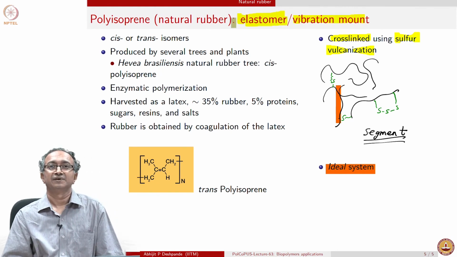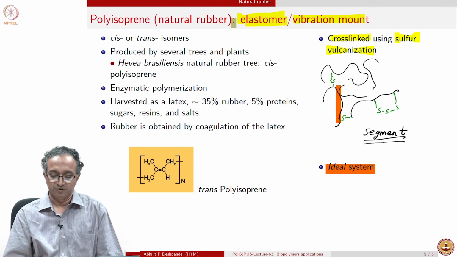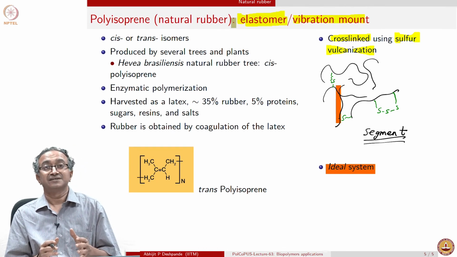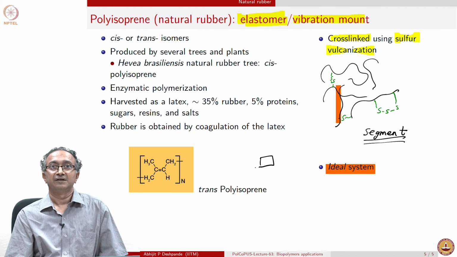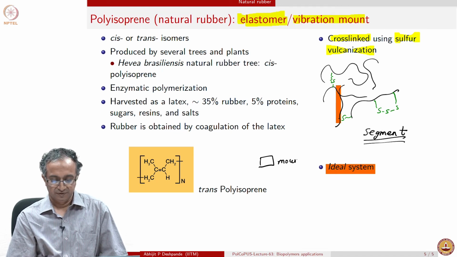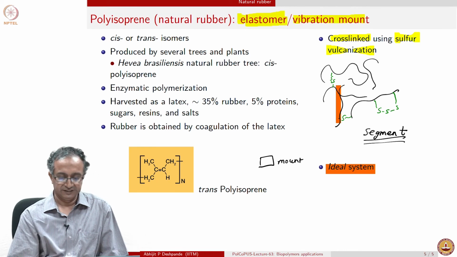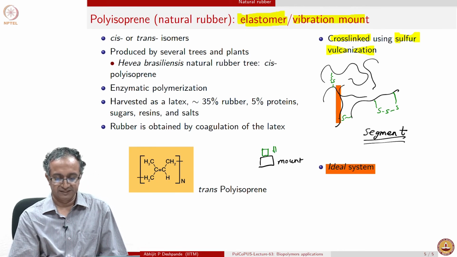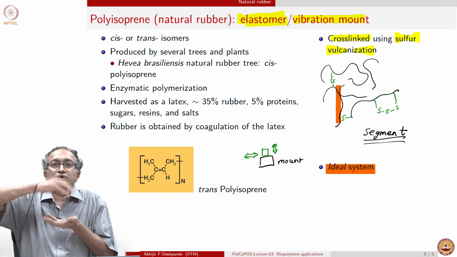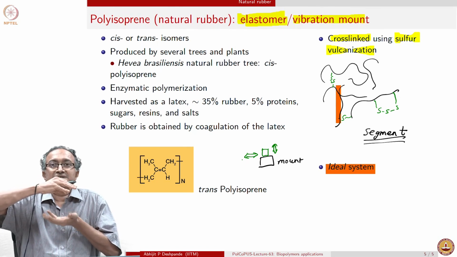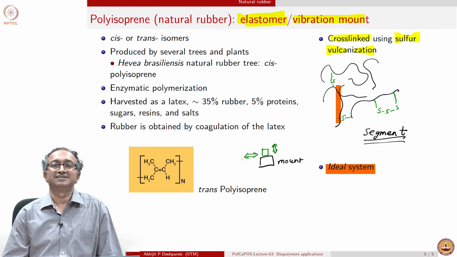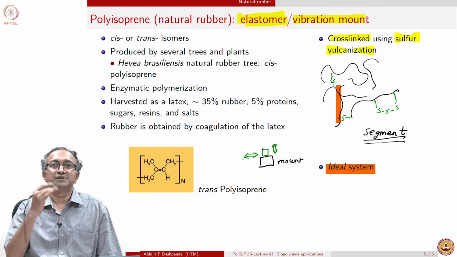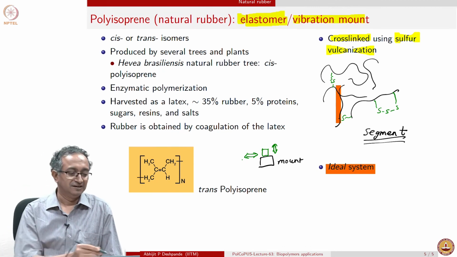When we are using it as a vibration mount, let us say this is the mount, and then we have another component which is vibrating, either up and down or depending on the instrument. The bottom is the rubber component which is the mount. Now the segments do not get stretched, but they start doing all kinds of conformational changes.